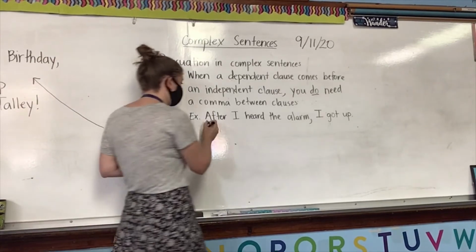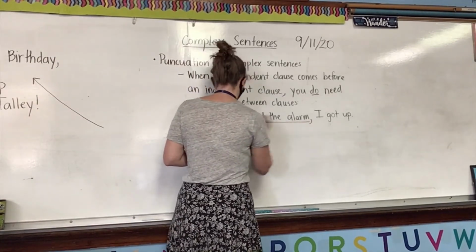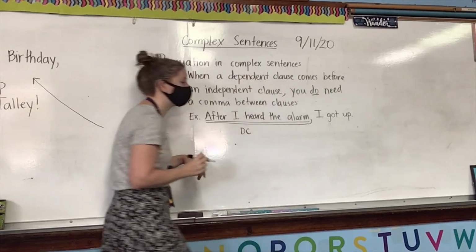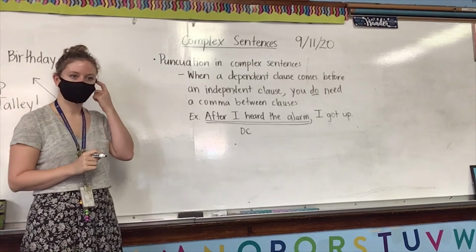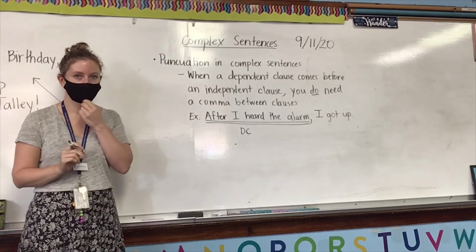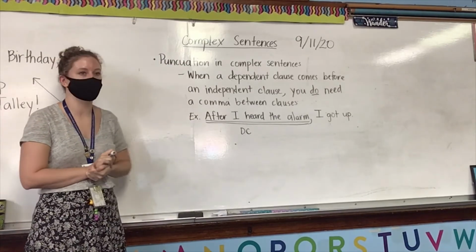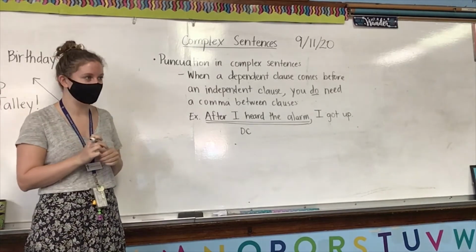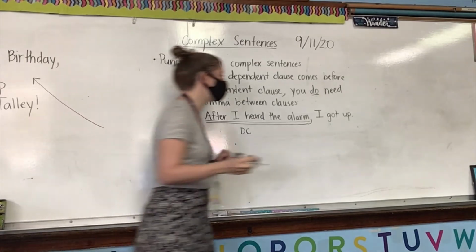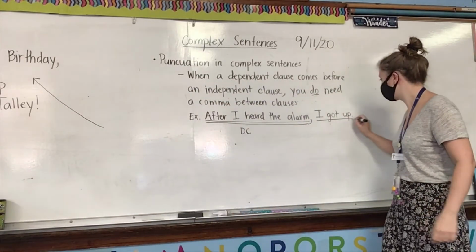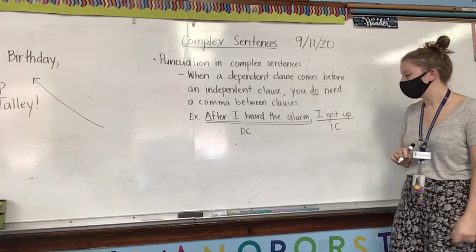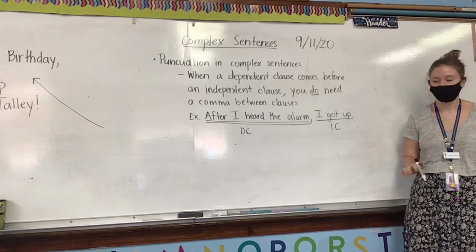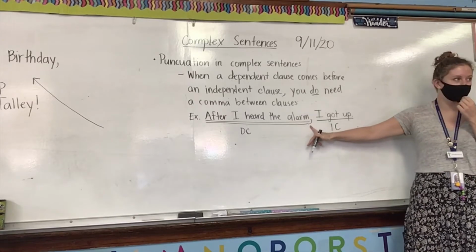So we have our dependent clause. After I heard the alarm, because after makes it not make sense. I heard the alarm makes sense. After I heard the alarm does not make sense by itself. But we added the independent clause, I got up, to make it make sense. But the dependent clause came first, so I had to put a comma.